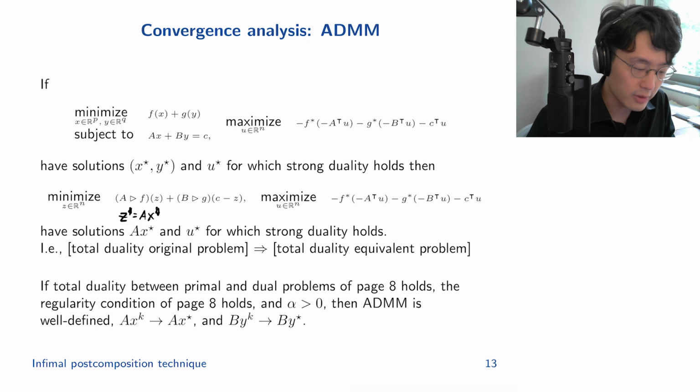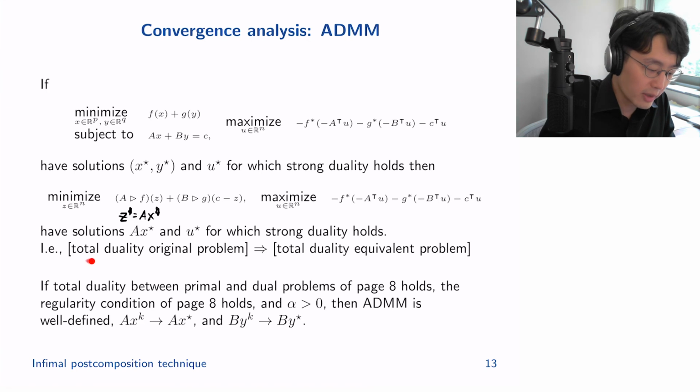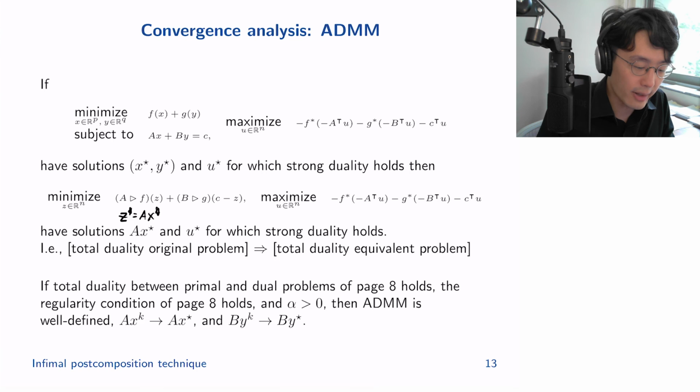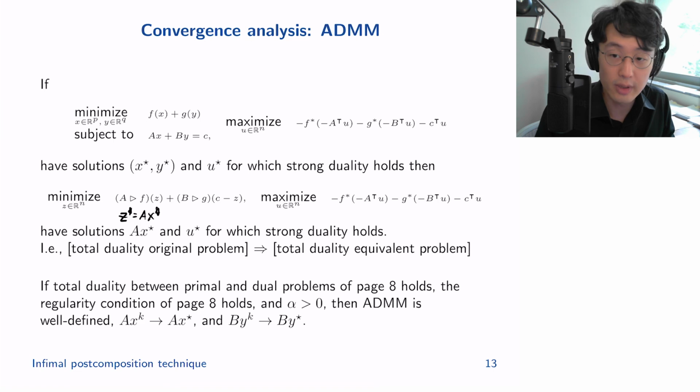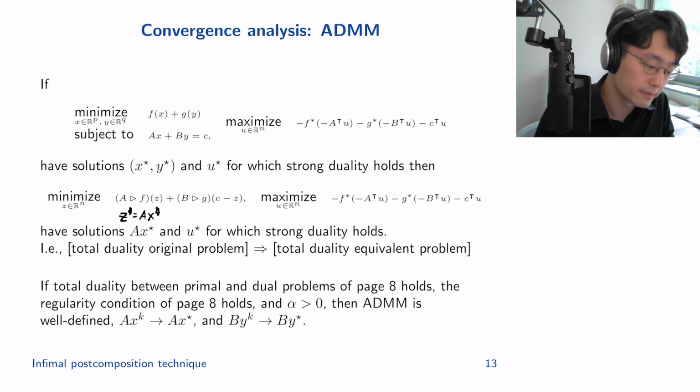So to conclude this line of reasoning, total duality of the original problem, so total duality with respect to the Lagrangian L, implies total duality of the equivalent problem. In other words, total duality of L implies total duality of L tilde. By the way, the converse implication is also true, but we don't need that direction of implication, so we won't argue and we won't prove that direction.